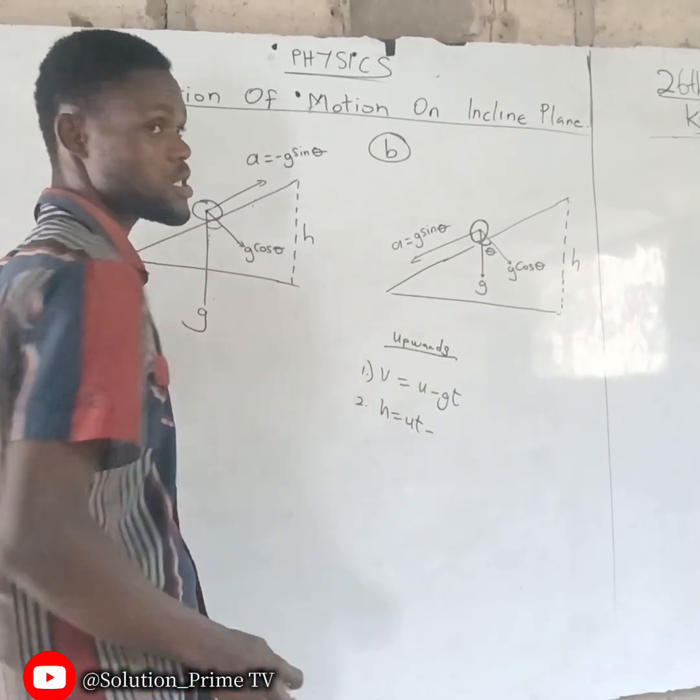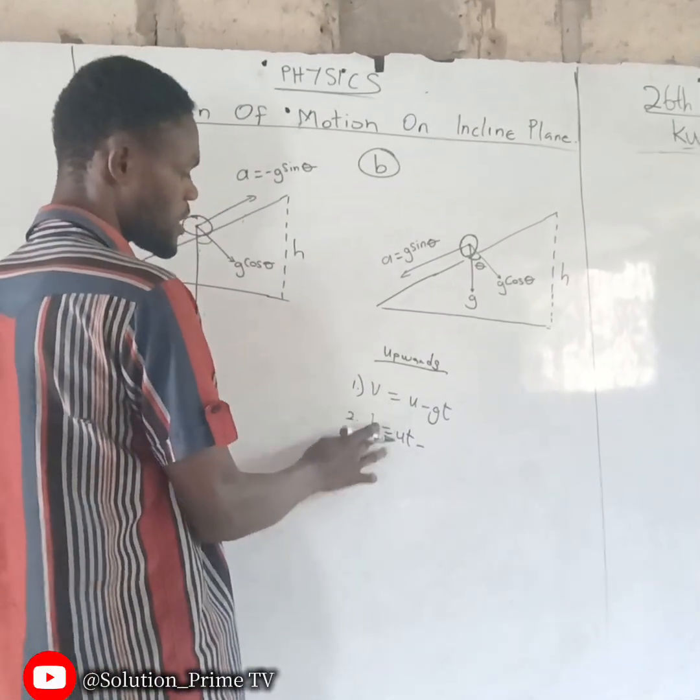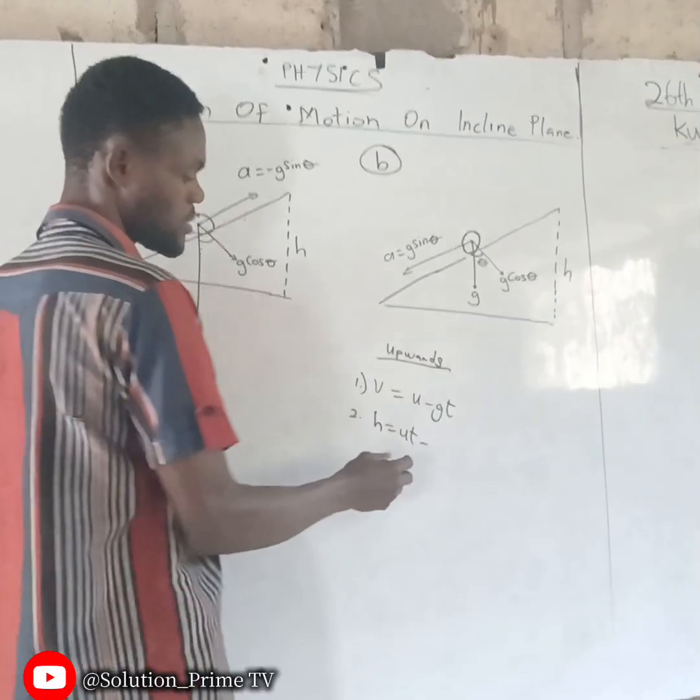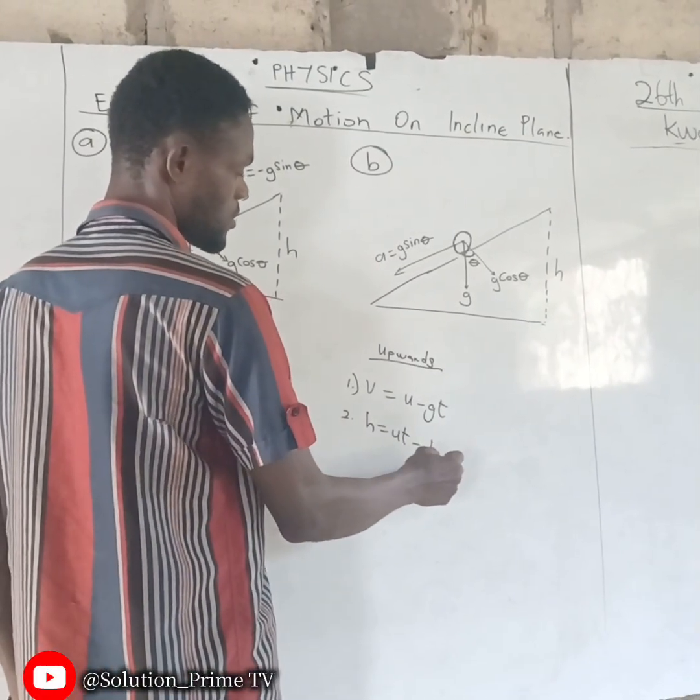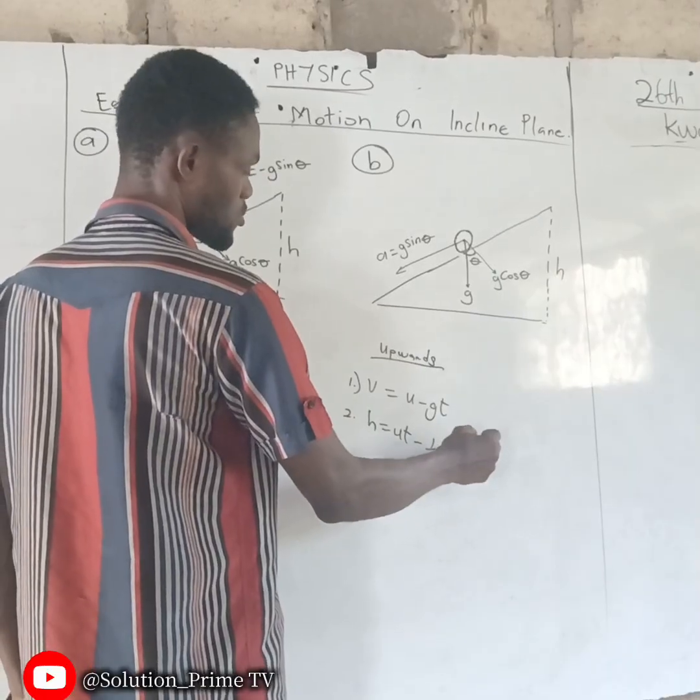Here we are dealing with vertically upwards and downwards, so you will use H instead of S as distance, which is height. So H is equal to UT minus half GT squared.